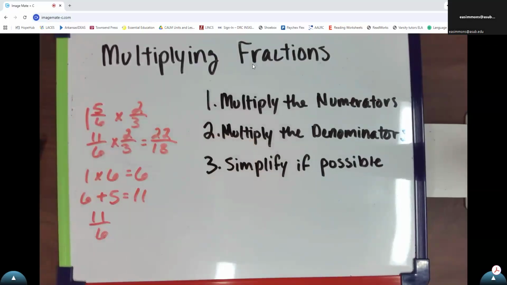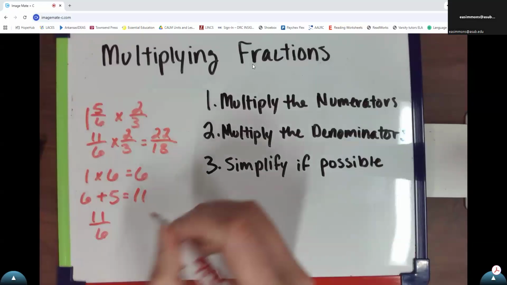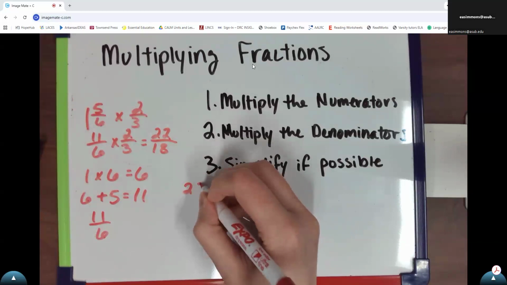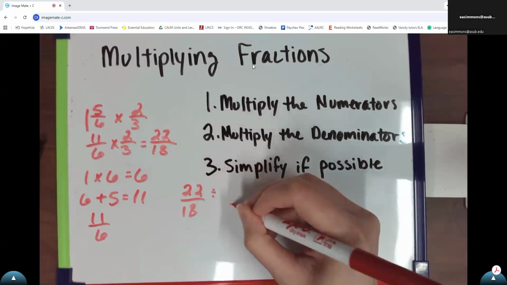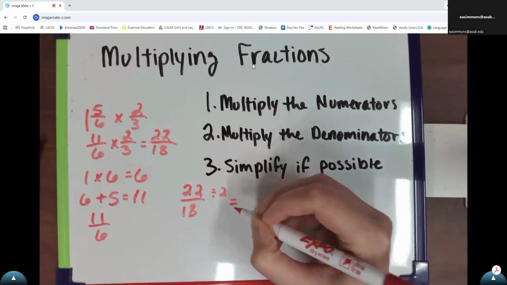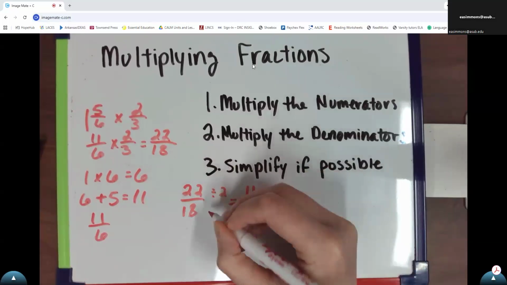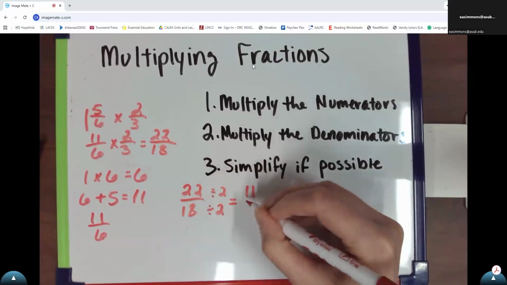And we can simplify this. 22 over 18, 22 and 18 are both divisible by 2. 22 divided by 2 is 11, and 18 divided by 2 is 9.